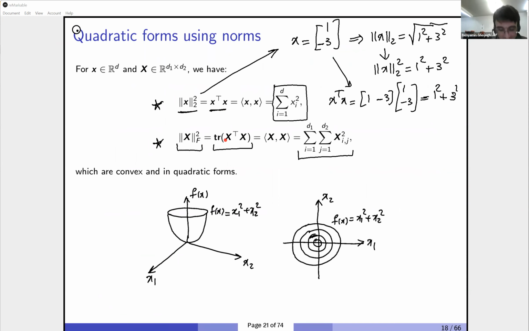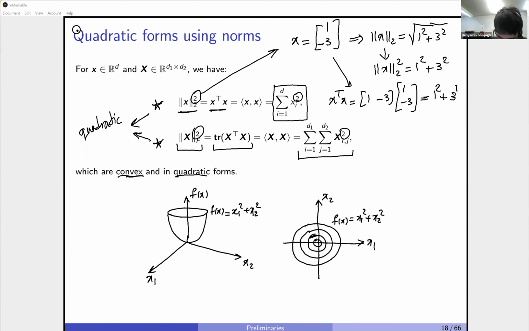And as you see, these two are both quadratic. When you say quadratic, it means squared. So you see these squares here. And these are convex and quadratic, and their shape is like this.